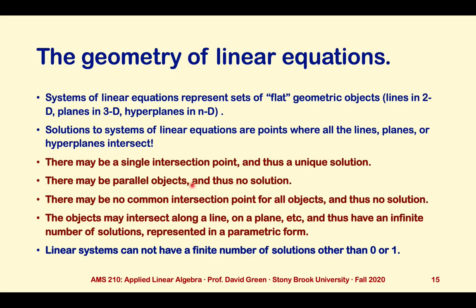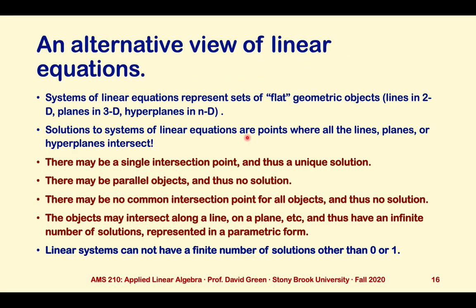So this allows us to really focus our attention on a small number of types of solution: unique solution, no solution, or an infinite number of solutions represented in parametric form. And we'll discuss all of these in more detail once we get into the methods to find these kinds of solutions.